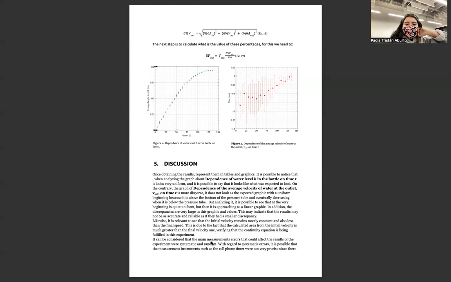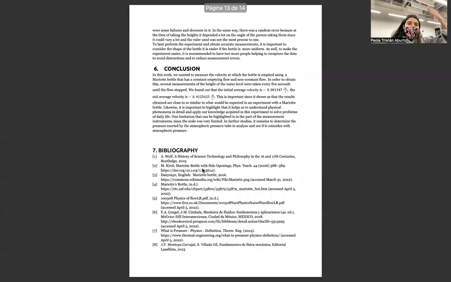It can also be considered that the main measurement errors that could affect the results of these experiments were mostly systematic and random. With the systematic errors, it is possible to see that some of the measurement instruments, such as the cell phone timer, were not precise, since there were some failures and slowness.